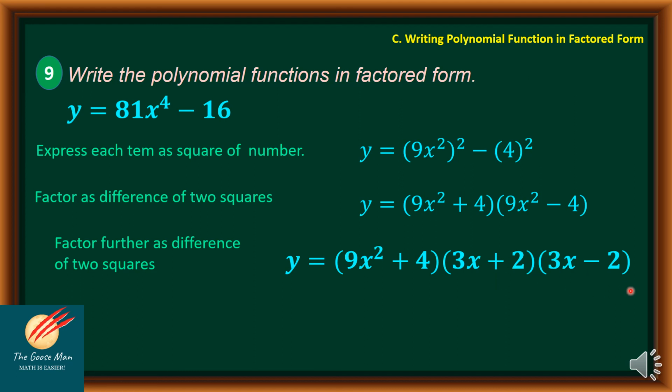Using the difference of two squares, I have 3x plus 2 times 3x minus 2. So therefore, the factored form of the given polynomial is equal to 9x squared plus 4 times 3x plus 2 times 3x minus 2. So that ends our discussion on illustrating polynomial functions.